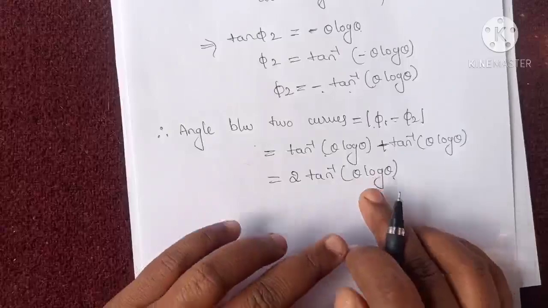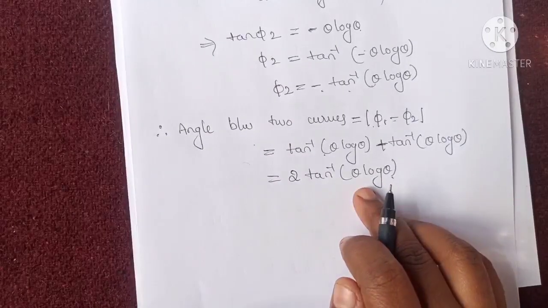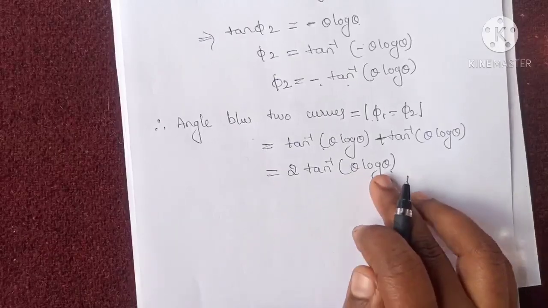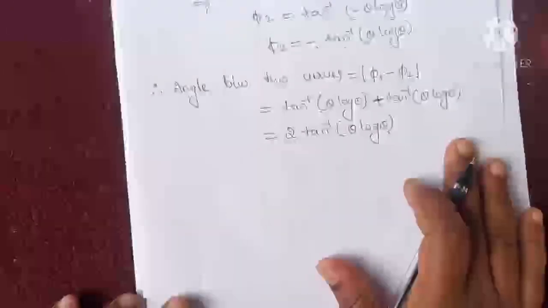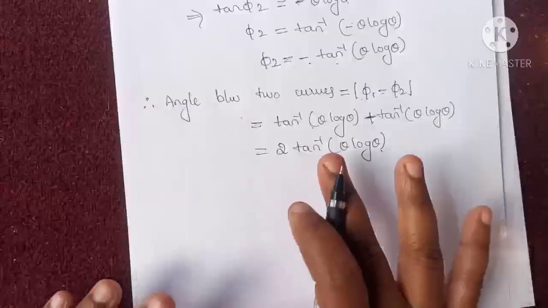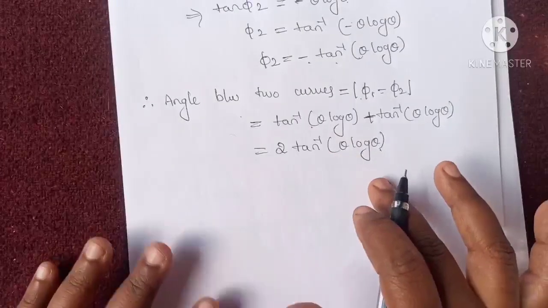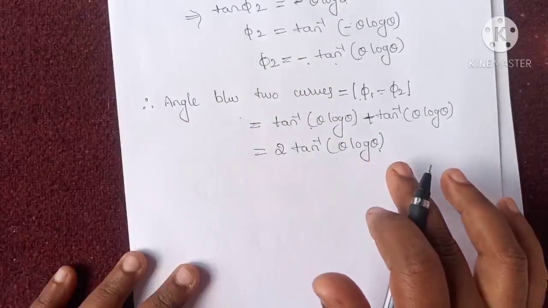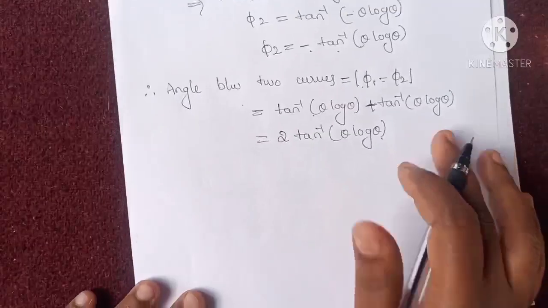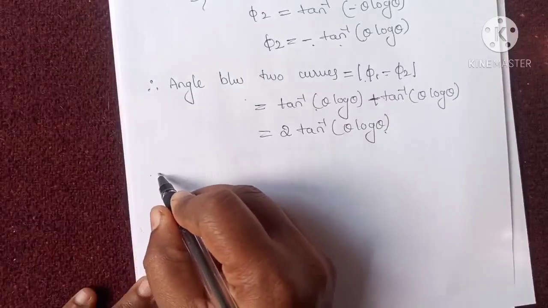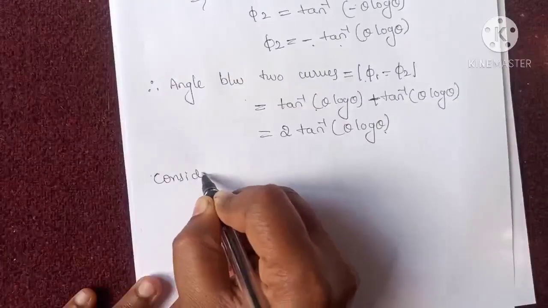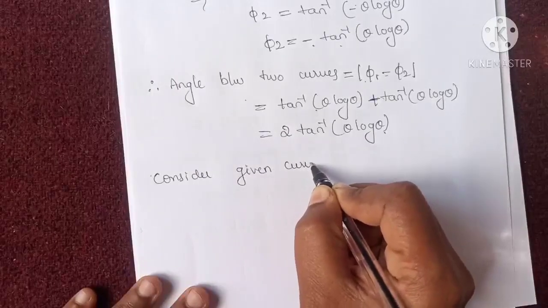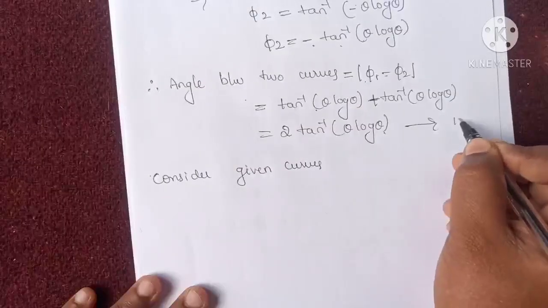For that, we consider the given two curves, and we eliminate theta; that means we find the theta value and substitute it here. Okay. Wherever you get theta terms in the angle between two curves, we have to eliminate them by using the given curves. So now consider the given curves. Before that, consider this as equation 1.